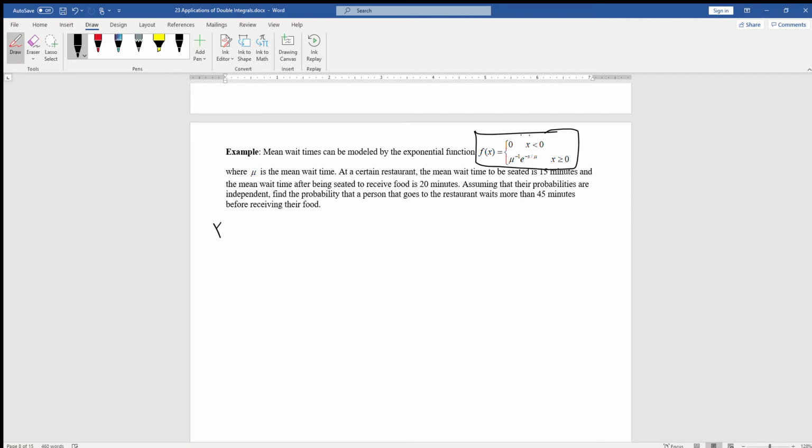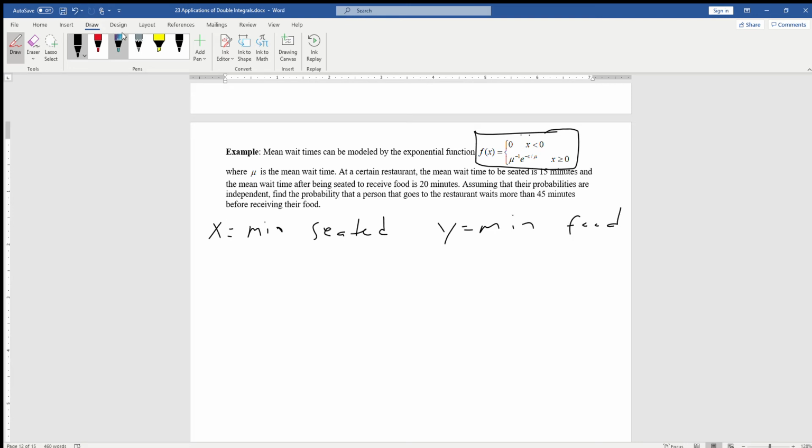Let's define x to be the number of minutes of actual wait to be seated, and let y represent the number of minutes to receive the food.